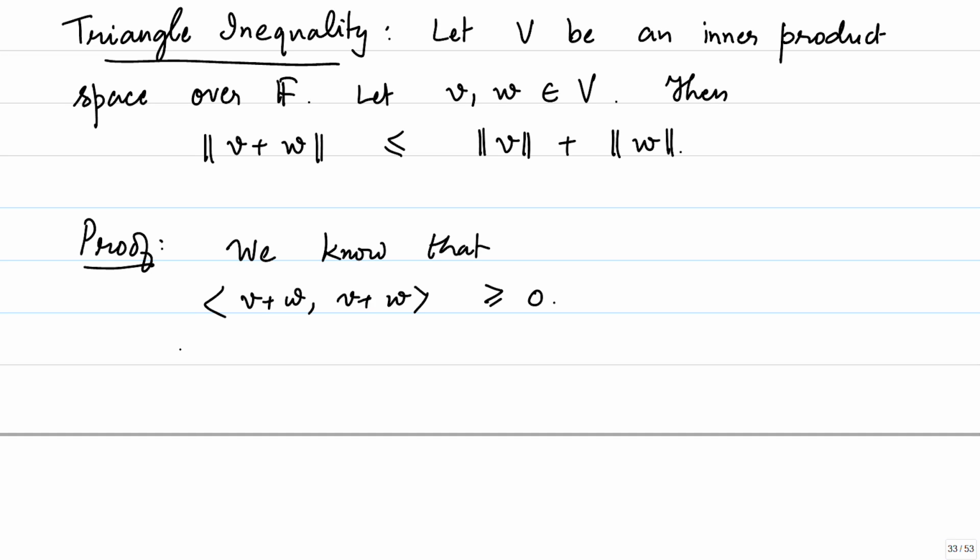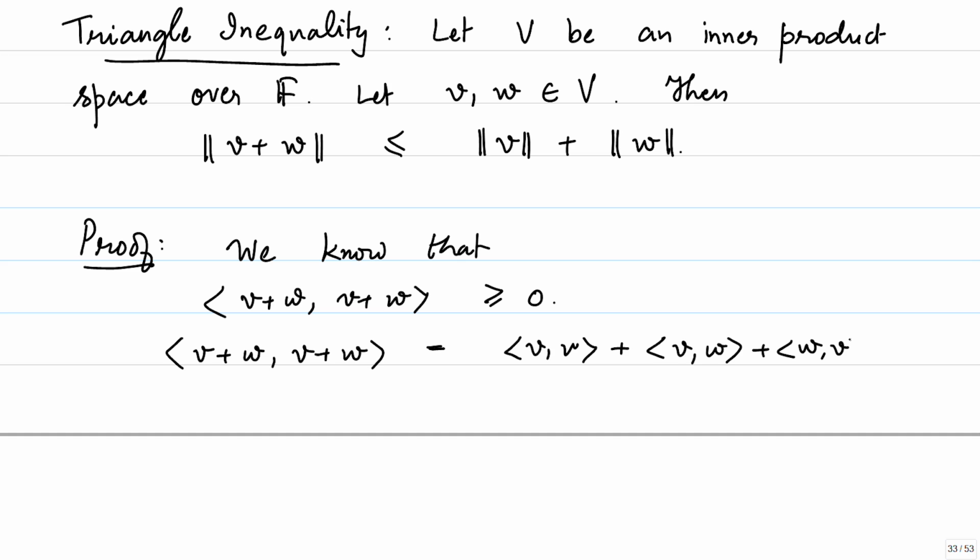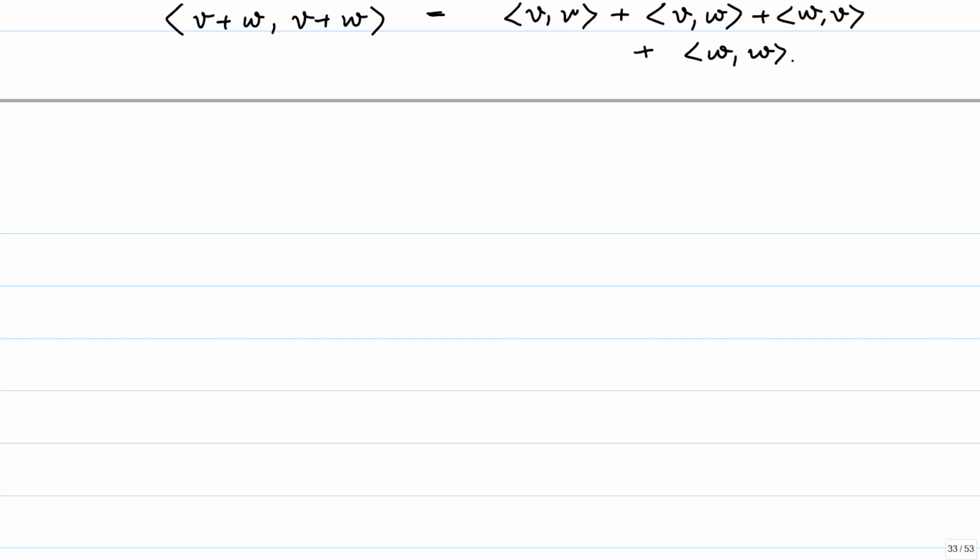This is equal to the inner product of V with itself plus the inner product of V with W plus the inner product of W with V plus the inner product of W with itself.